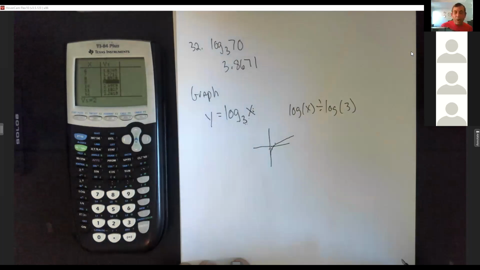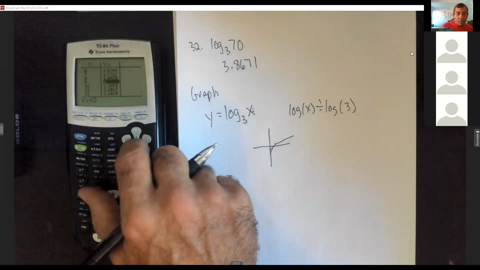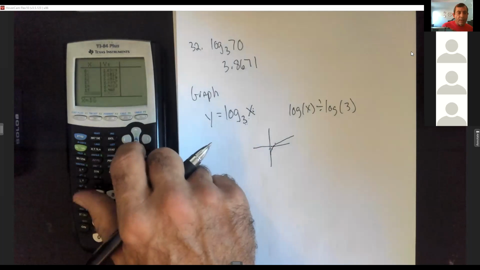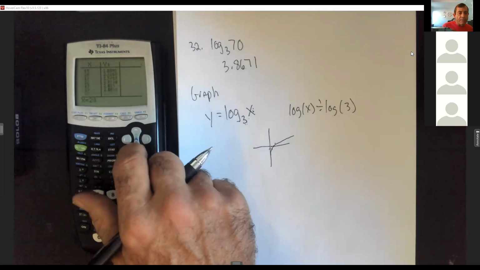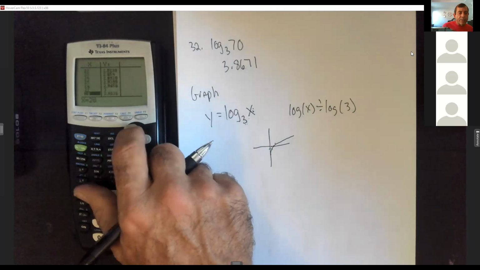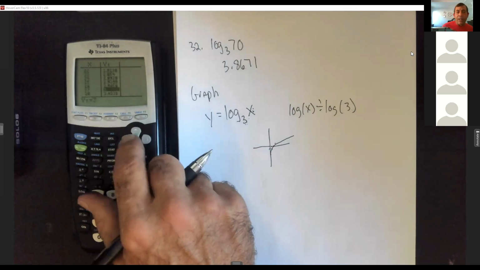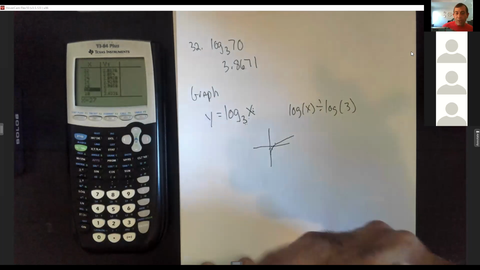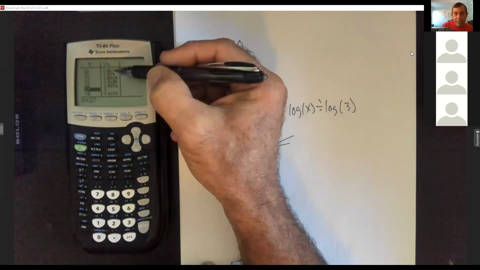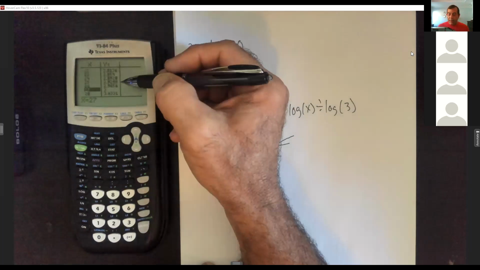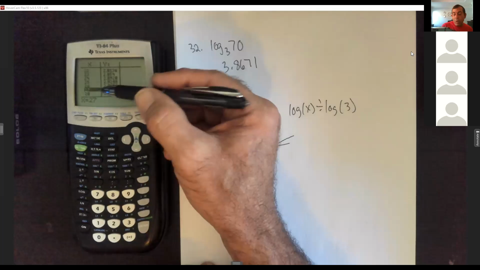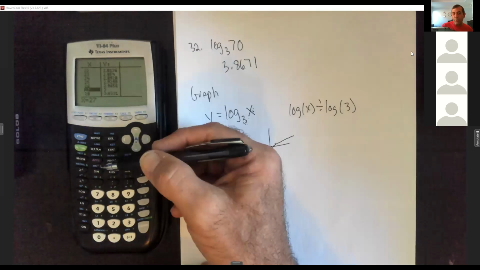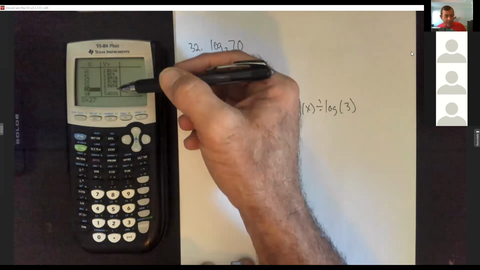The next perfect exponent I would have is going to happen at 27, because 9 times 3 would be 27. And there's my 3 at 27. Any number in between 9 and 27 is going to have a 2-point something exponent. And then you start at 27, exponent is 3. Anything in between 27 and 81 will have an exponent of 3 point something. Okay?